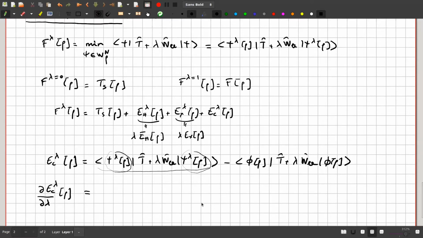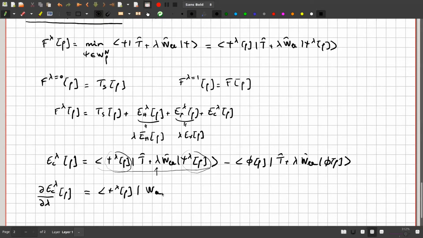So the only derivative that will remain is the explicit derivative with respect to lambda, which is here in the operator. So it means I'm going to find psi lambda of rho WEE psi lambda of rho.